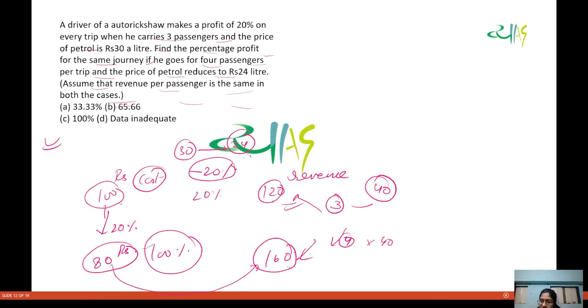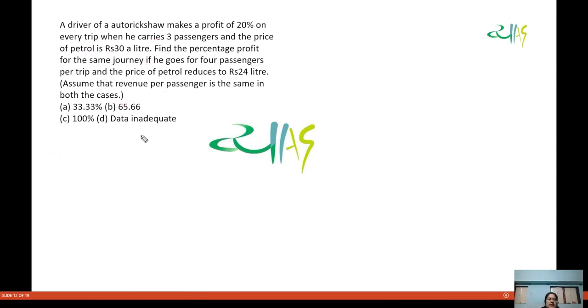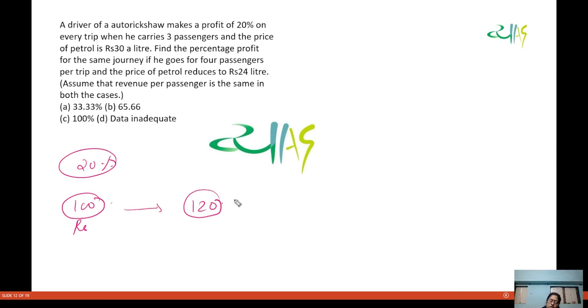So this question is very simple. A driver of an auto rickshaw makes a profit of 20%, so we again start from 100 because this is very convenient. His cost price was rupees 100, so he was earning 120 rupees, and per passenger he is earning 40 rupees. Now if he brings 4 passengers at the same price, he will get 160 rupees.